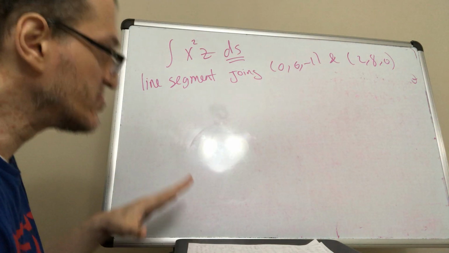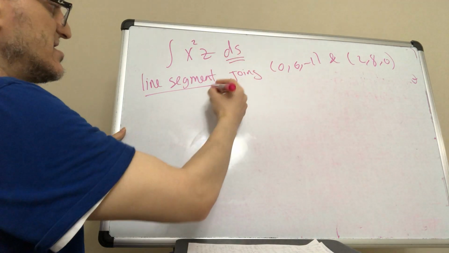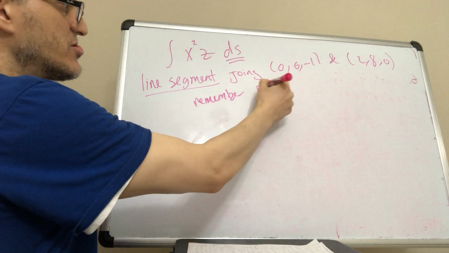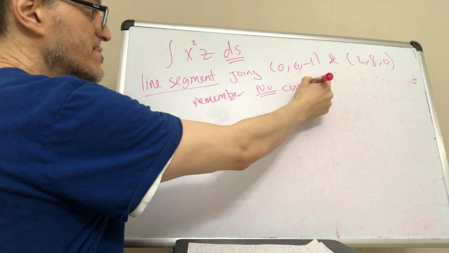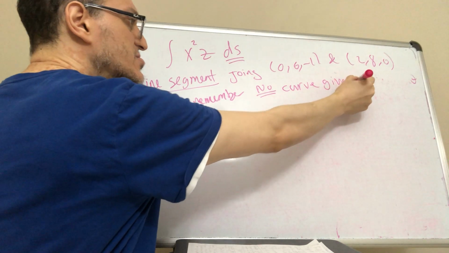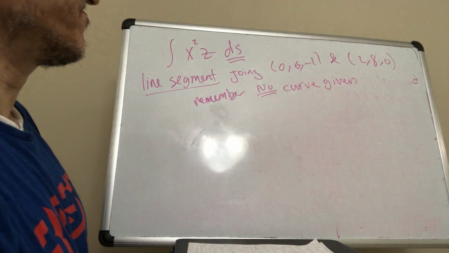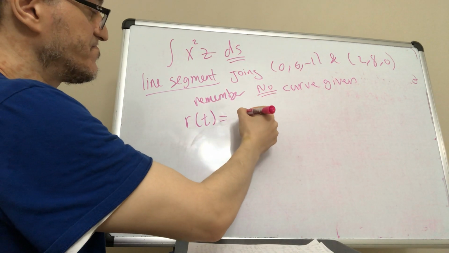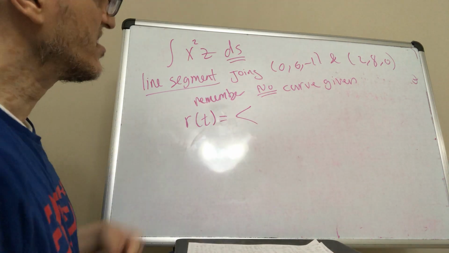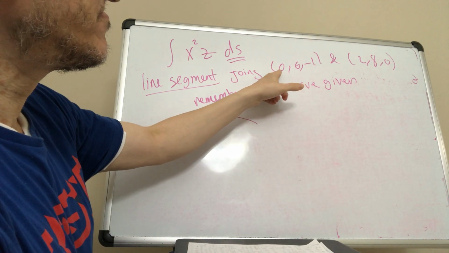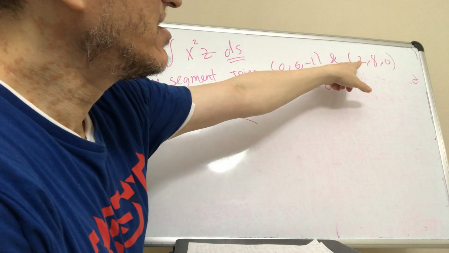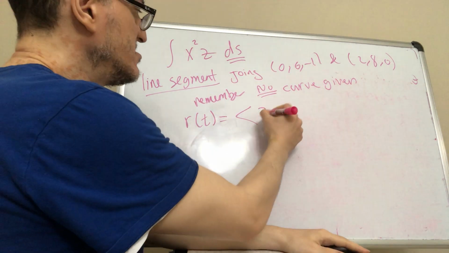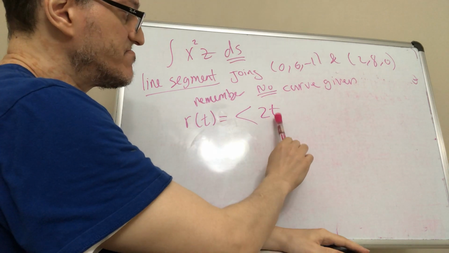So here you're doing the line segment ds, but remember, no curve given. So you need to find the curve yourself. So you say, okay, let me think. If I plug 0, I get 0. And if I plug 1, I get 2. So it's 2t. Plug 0, you get 0.